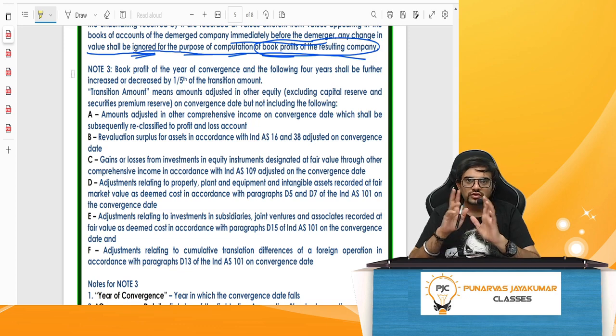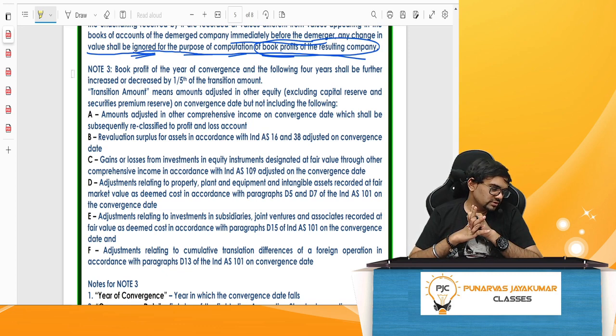Full stop. Only for the first year of convergence this happens. This amount shall be added or reduced from the book profit across 5 years. That is 1/5 every year.